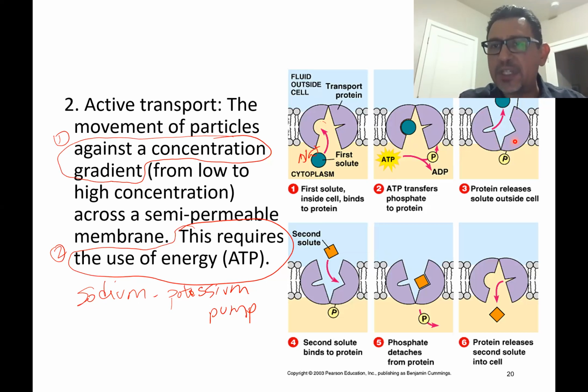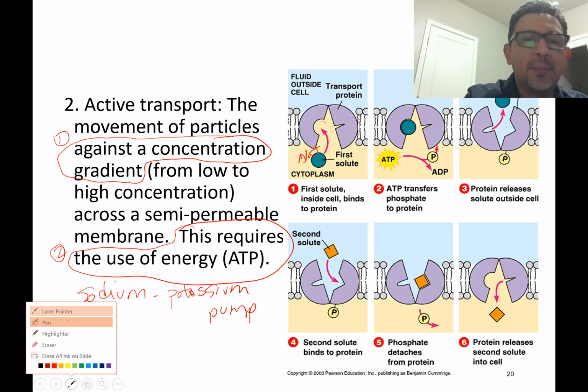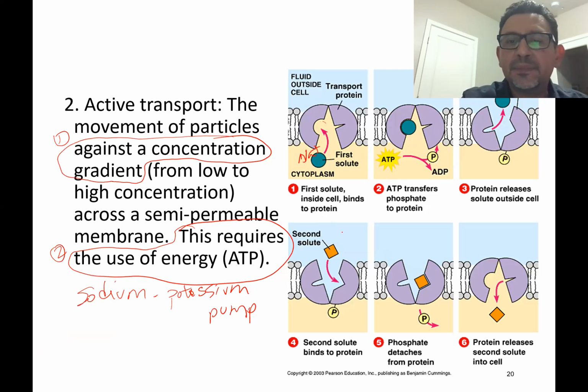This protein can be used to do another work while it's still energized, while it's still phosphorylated. And it can pick up a second solute, and this second solute can be something like potassium. And this potassium ion is also going to find a place where it can conveniently fit into this transport protein.